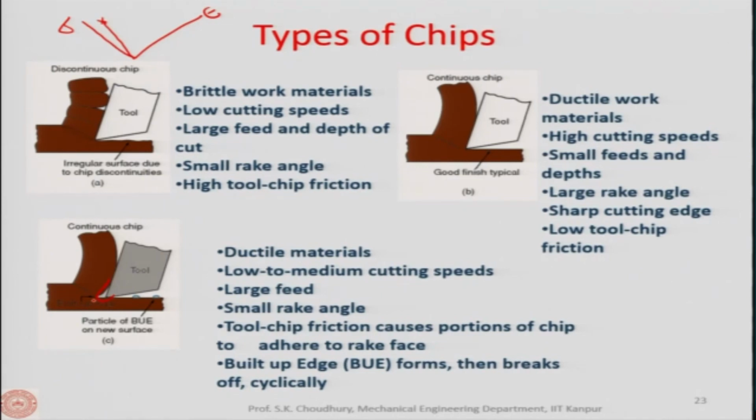So this is a disadvantage of the built up edge formation, and therefore we should avoid getting the built up edge. And as I said, part of the built up edge will remain on the workpiece surface, so it will spoil the surface finish of the already machined surface. That is another disadvantage.